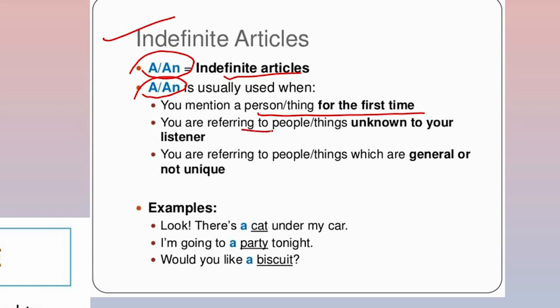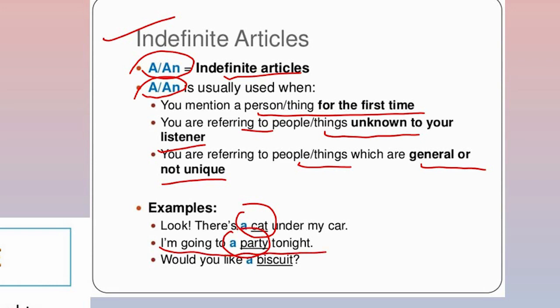You are referring to people or things unknown to your listener, or which are general or not unique. Look at the examples here. Look, there is a cat under my car. I'm going to a party tonight. Would you like a biscuit? All these things are unknown to your listener, or general, or not unique.